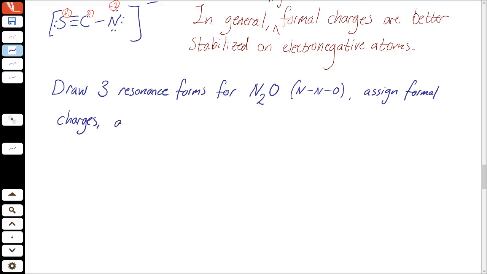Assign formal charges and rank the 3 structures in order of most to least stable.